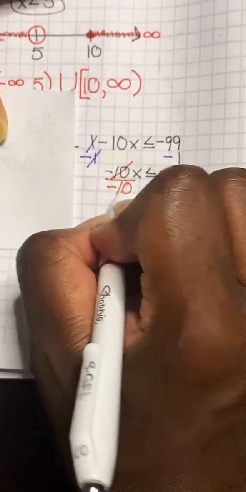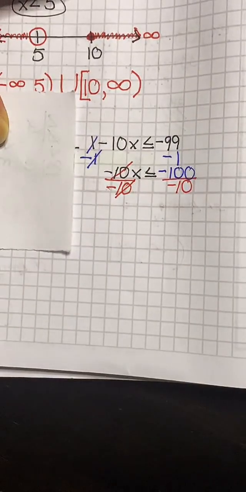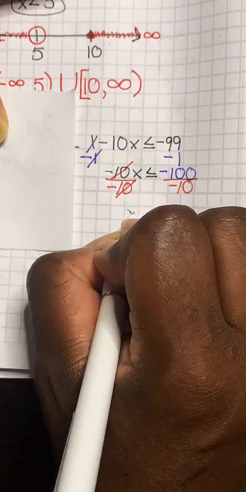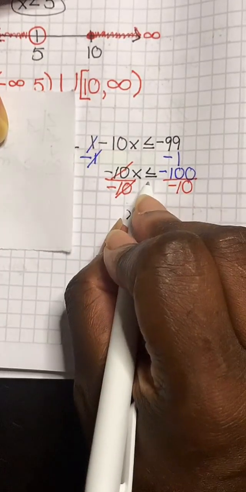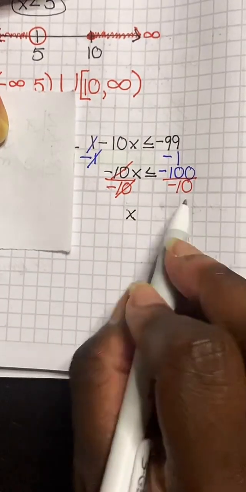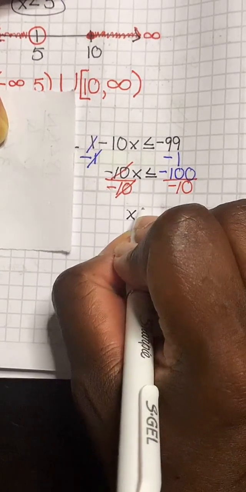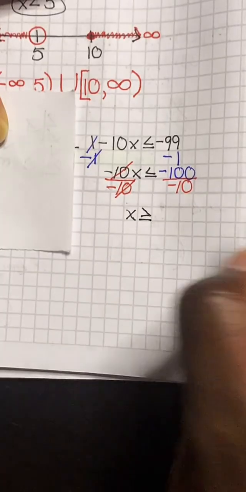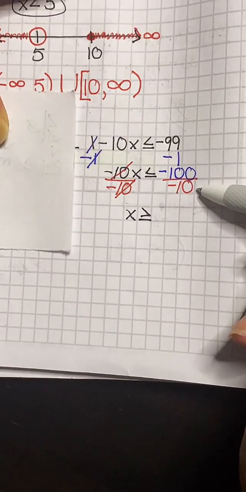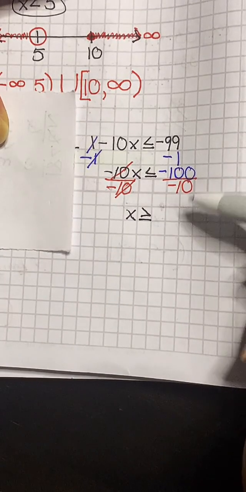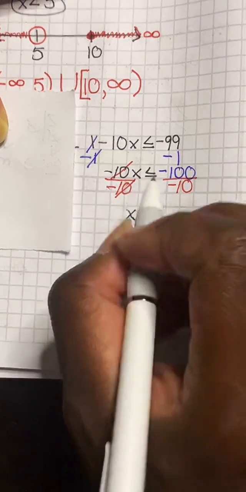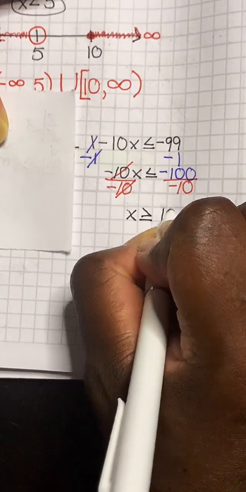Divide by negative 10. So let me bring down my x. I need to change my inequality sign because I divided by a negative 10, so it's greater than or equal to. Negative divided by negative is a positive, and 100 divided by 10 is 10.